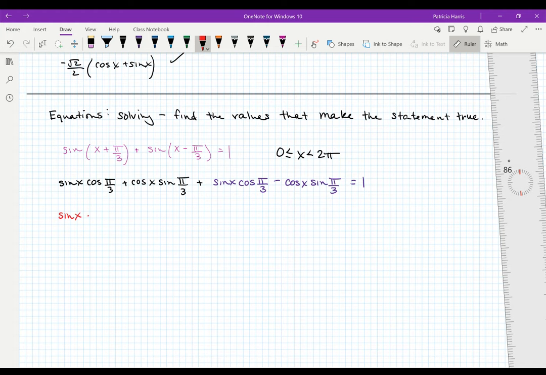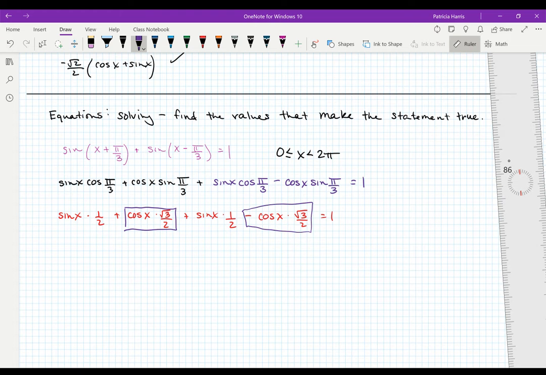So cosine of pi over 3 is 1/2. Sine of pi over 3 is radical 3 over 2. Now I'm going to look for like terms. This is like, and this is like.